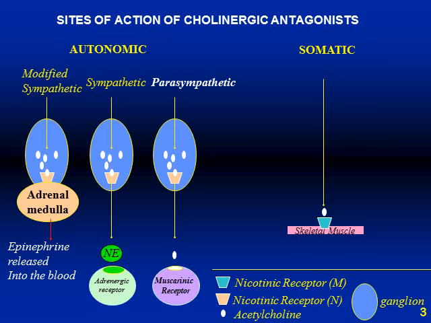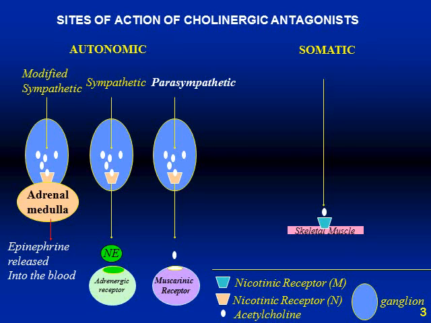And that acetylcholine will bind to nicotinic receptors. If those nicotinic receptors are activated in the adrenal medulla, you'll see release of epinephrine, norepinephrine. If those nicotinic receptors are activated in the ganglia that then innervate an effector tissue and release norepinephrine, then you'll see an adrenergic response. If that second chemical that's released is acetylcholine, you'll see a muscarinic response.